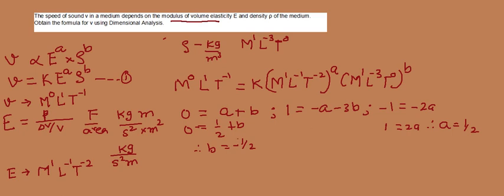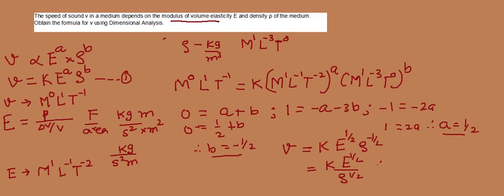So I have obtained values of a and b. I can go back to equation 1 and rewrite it as v is equal to some constant k, E raised to the power half and rho raised to minus half, and therefore this could be written as E raised to half by rho raised to half.